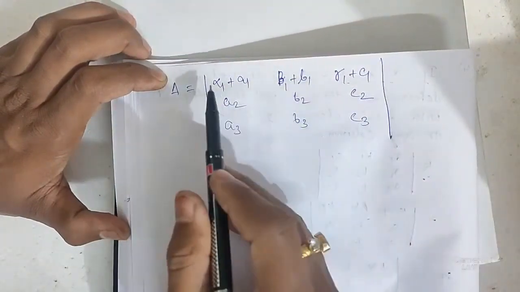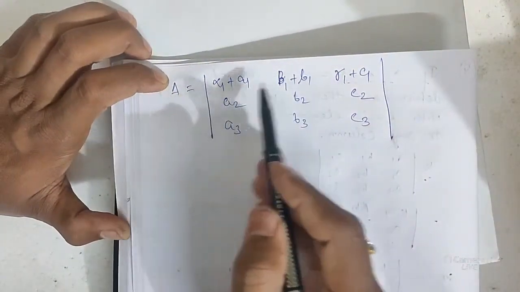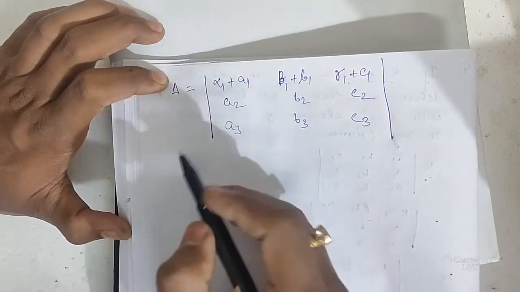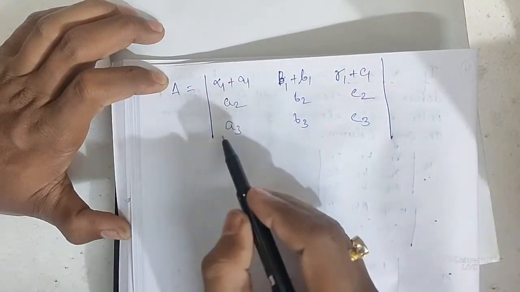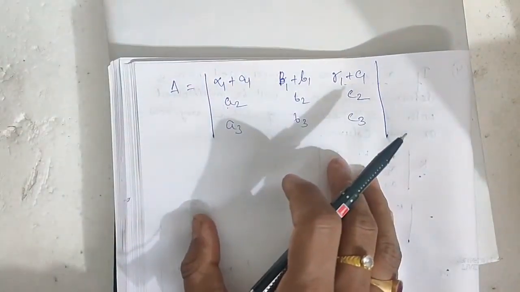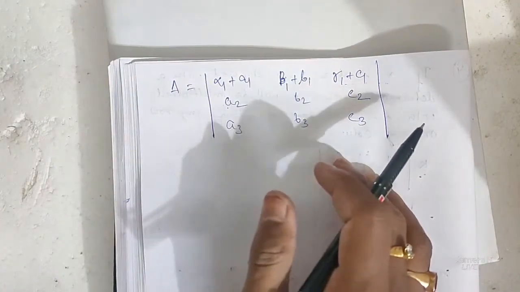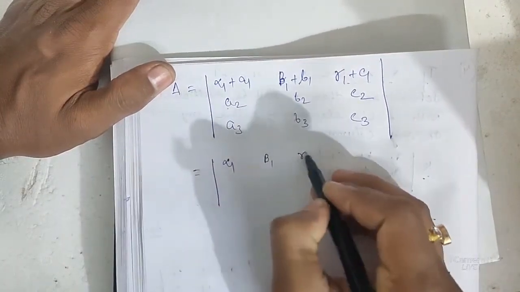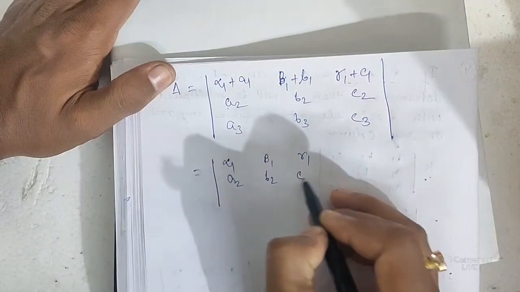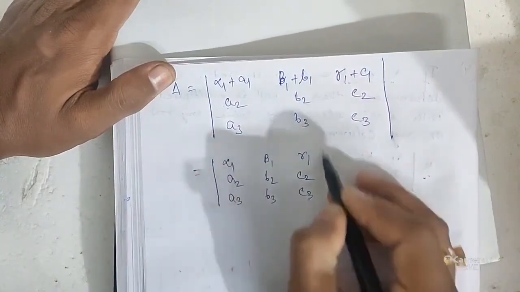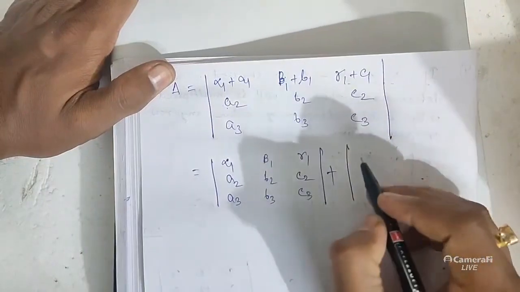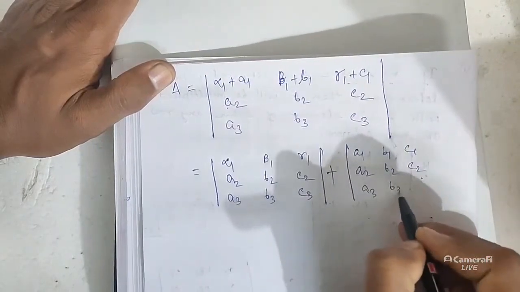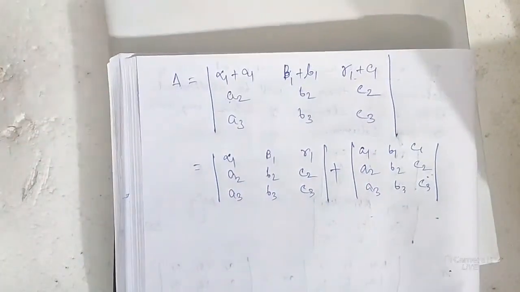Here the first row we have expressed like this: alpha 1 plus A1, beta 1 plus B1, gamma 1 plus C1, but the second row and third row are as they are. So this determinant we can write as alpha 1, beta 1, gamma 1, A2 B2 C2, A3 B3 C3 plus A1 B1 C1, A2 B2 C2, A3 B3 C3.